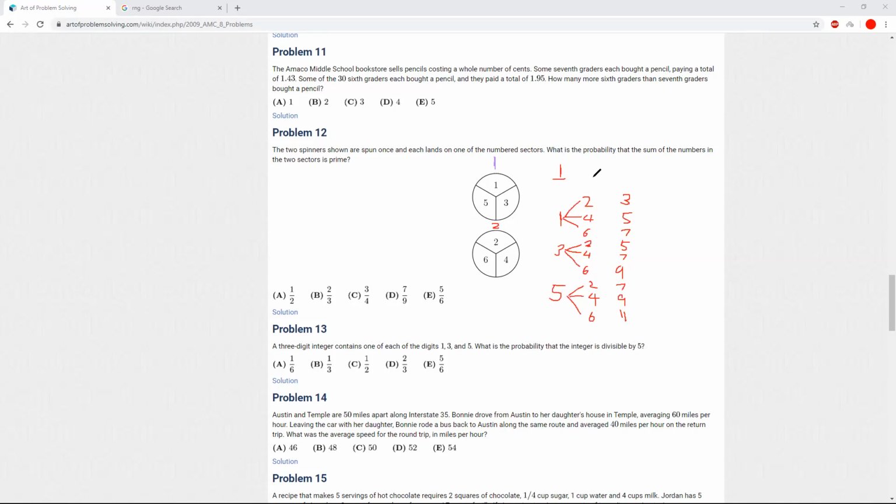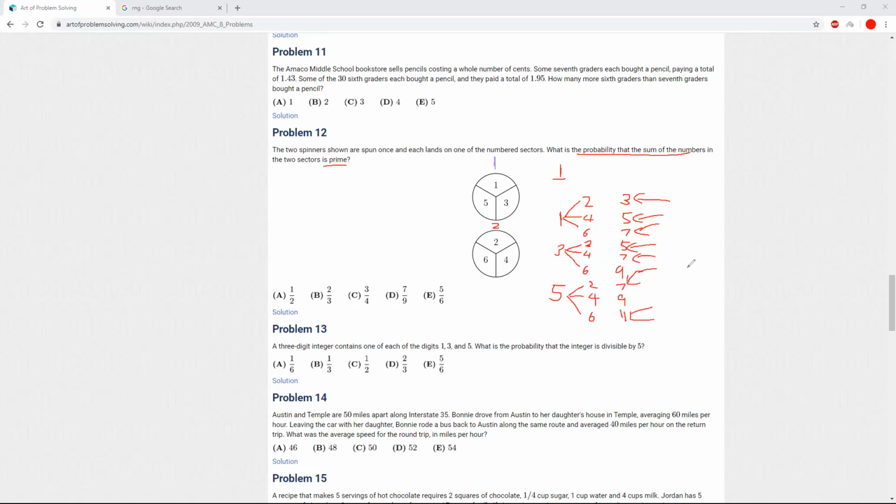So we want the probability that the sum of the numbers is prime. Our prime numbers are going to be 3, 5, 7, 5, 7, not 9, and 11.